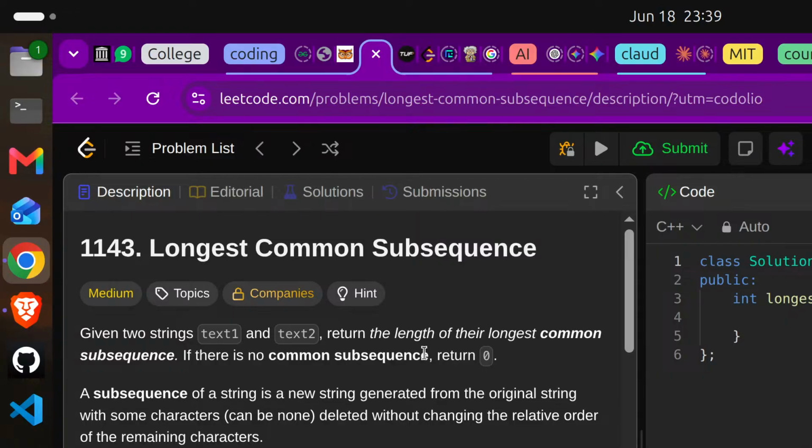And S1 of i is not equal to S2 of j, then in this case we will return 0.